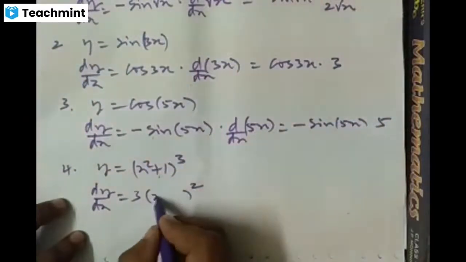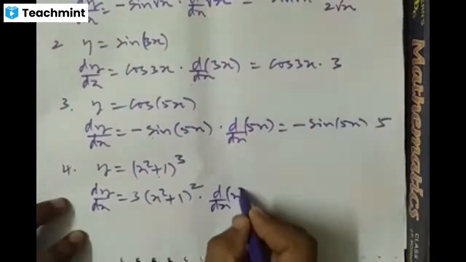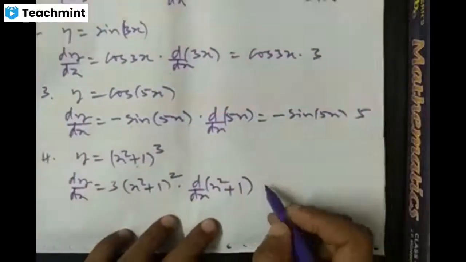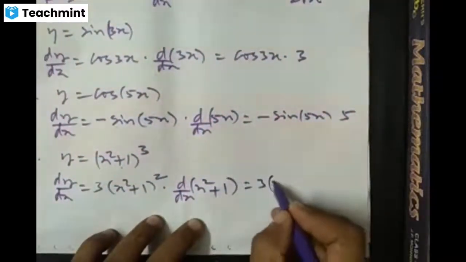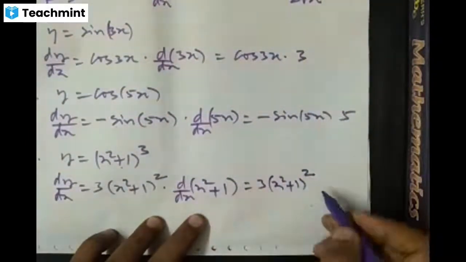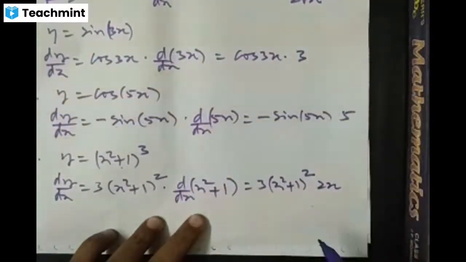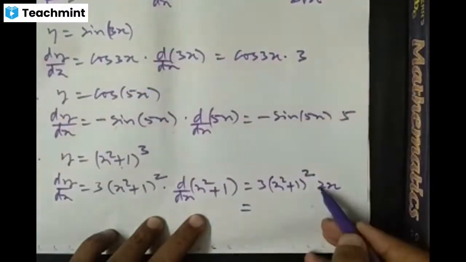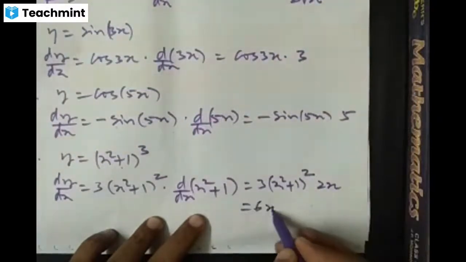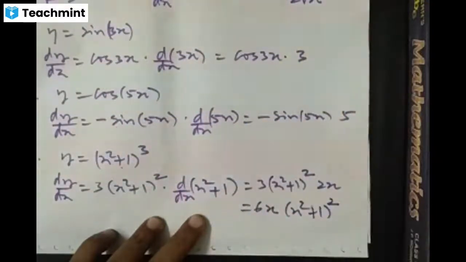In place of u we have x square plus 1, into d by dx of x square plus 1. So we get 3 into x square plus 1 whole square into d by dx of x square, which is 2x, plus d by dx of constant 1, which is 0. So 2x plus 0 is 2x. So further you can simplify this as 3 into 2, 6x into x square plus 1 whole square, right?